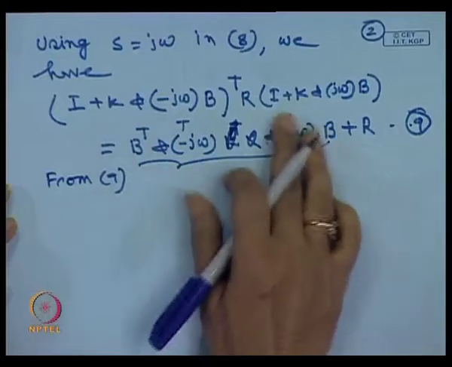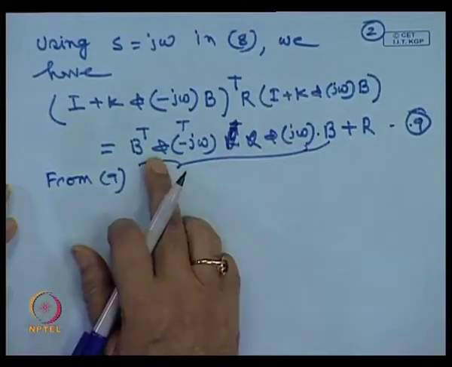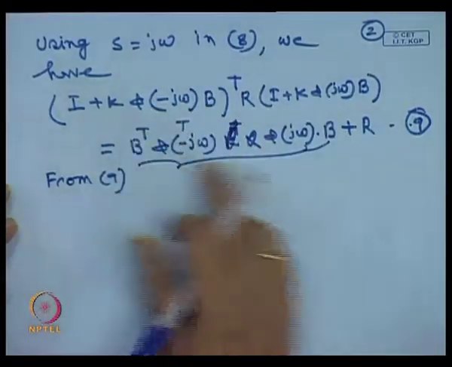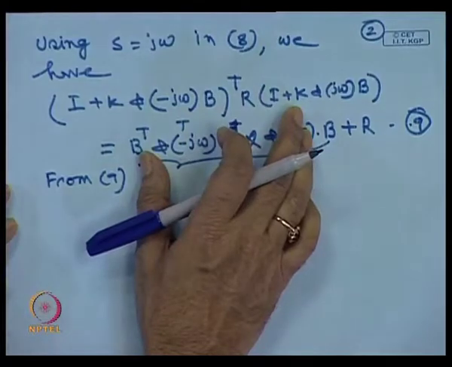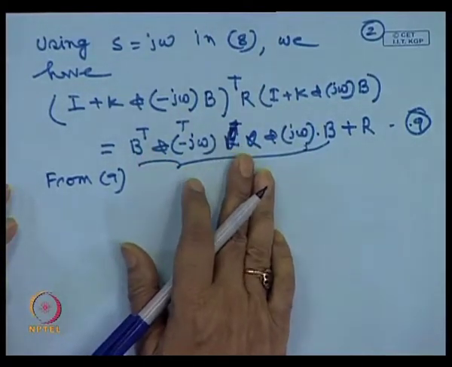Agree? If you consider this as a matrix of M Q M transpose, and since Q is a positive definite matrix, the whole matrix after transformation will be a positive semi-definite matrix. That means this is a non-negative number.